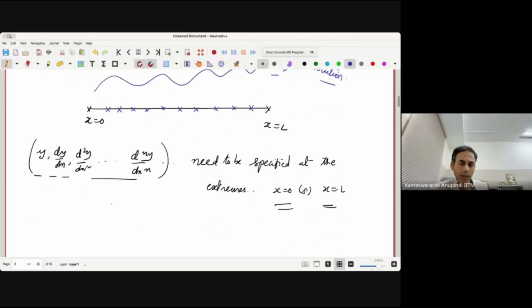Again, these n values need to be specified at either of the boundary points.